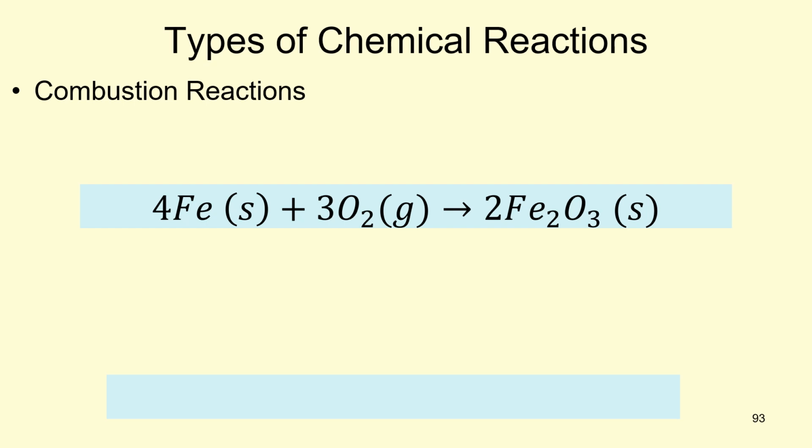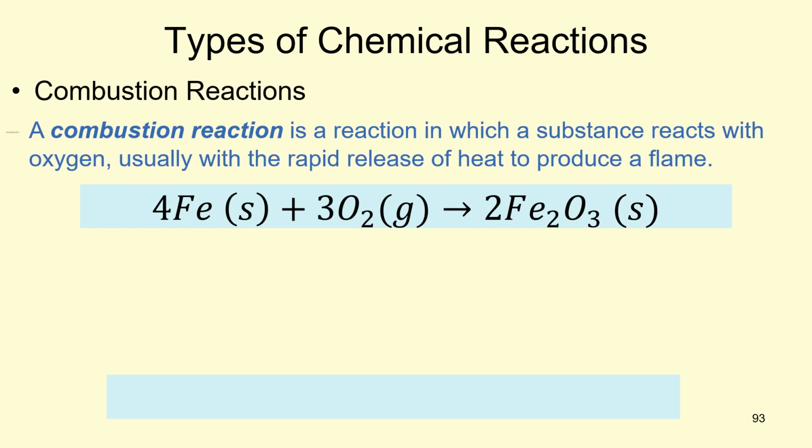The last category, which kind of gets its own little category, is called combustion reaction. And a combustion reaction is just a reaction where a substance reacts with oxygen, usually with the rapid release of heat to produce a flame, but not always. So here is actually combustion of iron. Iron reacts with oxygen to give us iron oxide.